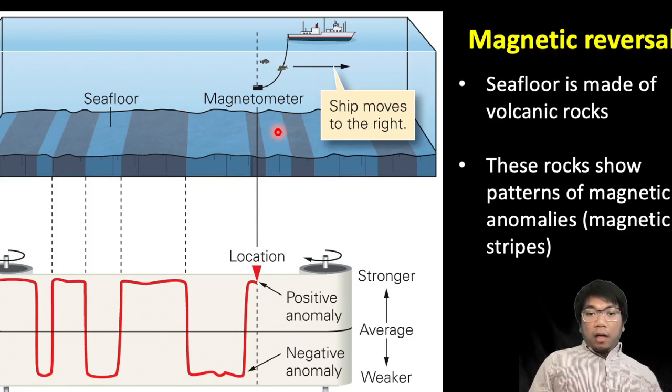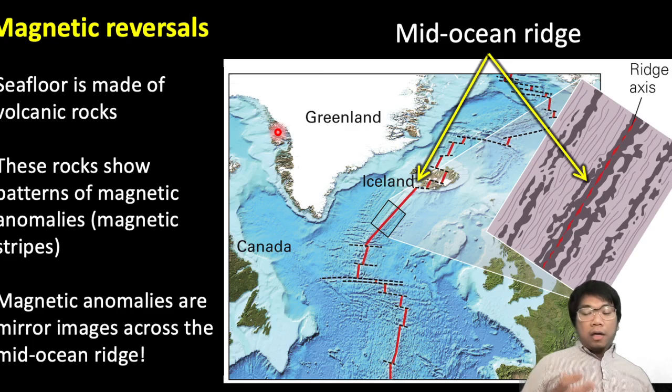Another important observation is that the patterns of magnetic anomalies that we see across mid-ocean ridges are actually mirror images. Okay, so for example, if we take a look at this darker band right here, by the way, this data is coming from this little box right there near Greenland and Iceland.